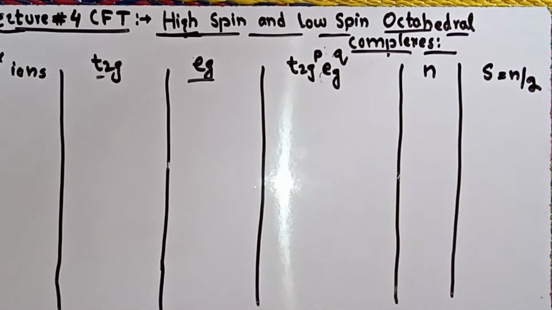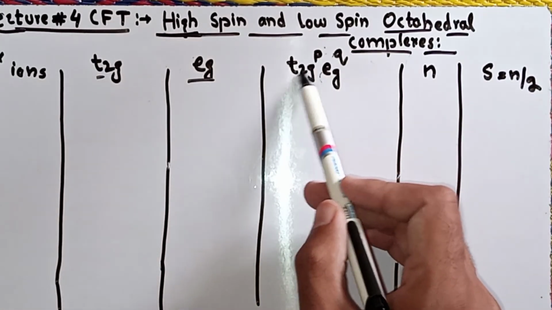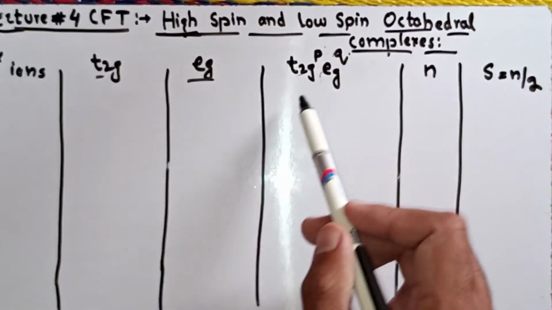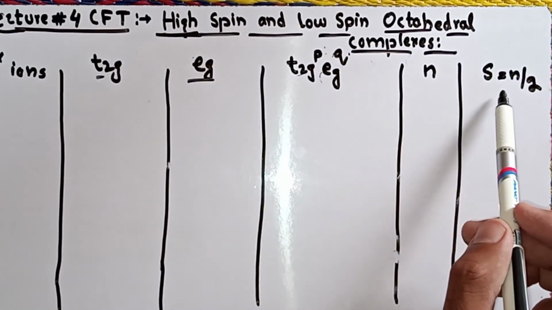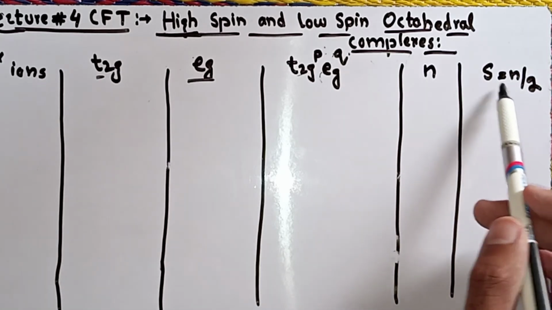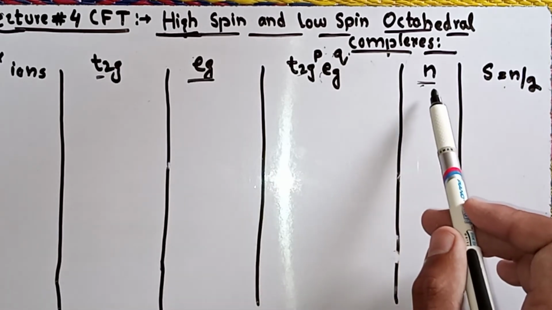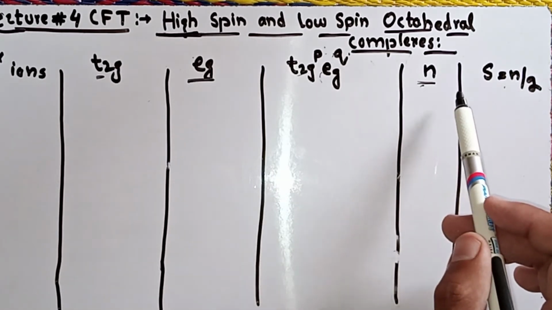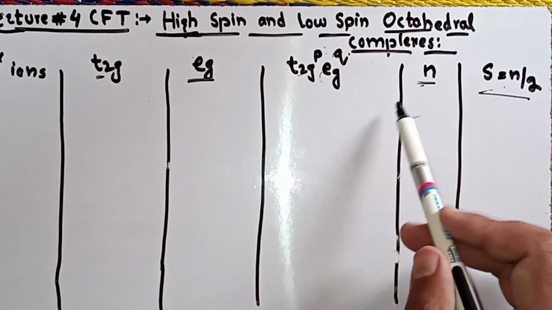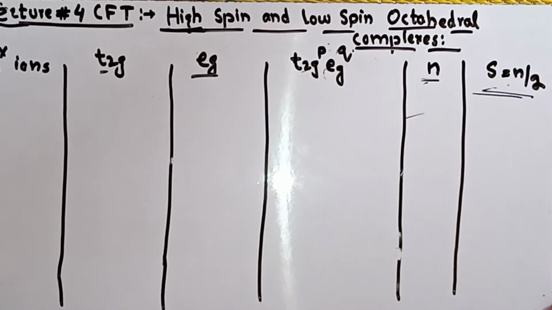So let's see here. P is electrons in t2g and Q is electrons in eg, where N is the number of unpaired electrons in the system, while S is the resultant spin of the system.